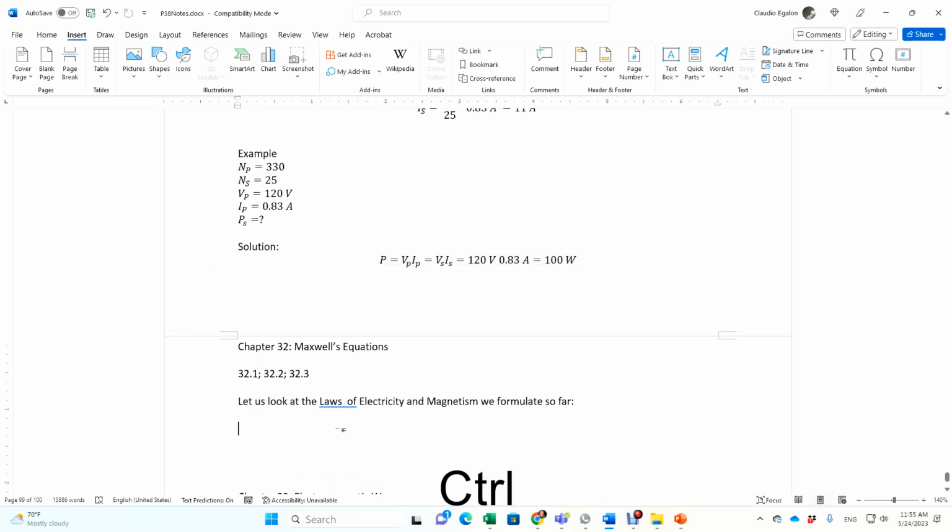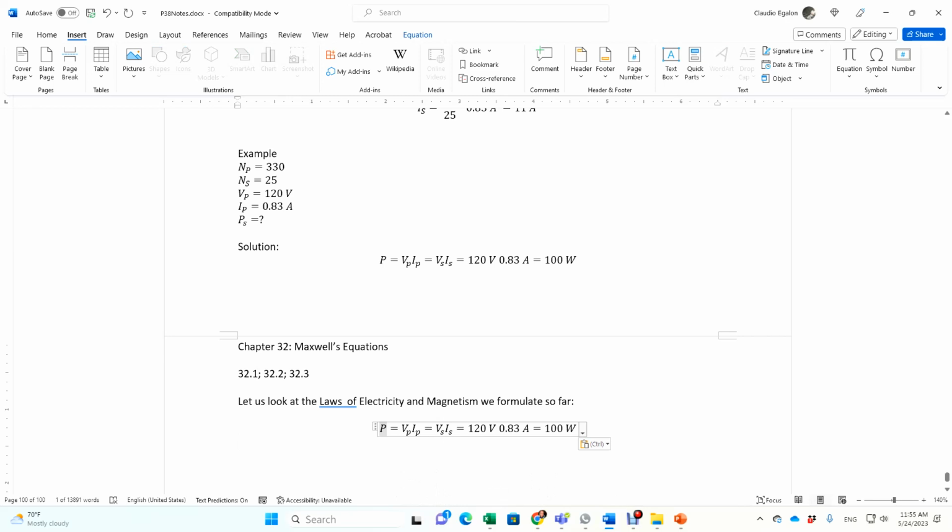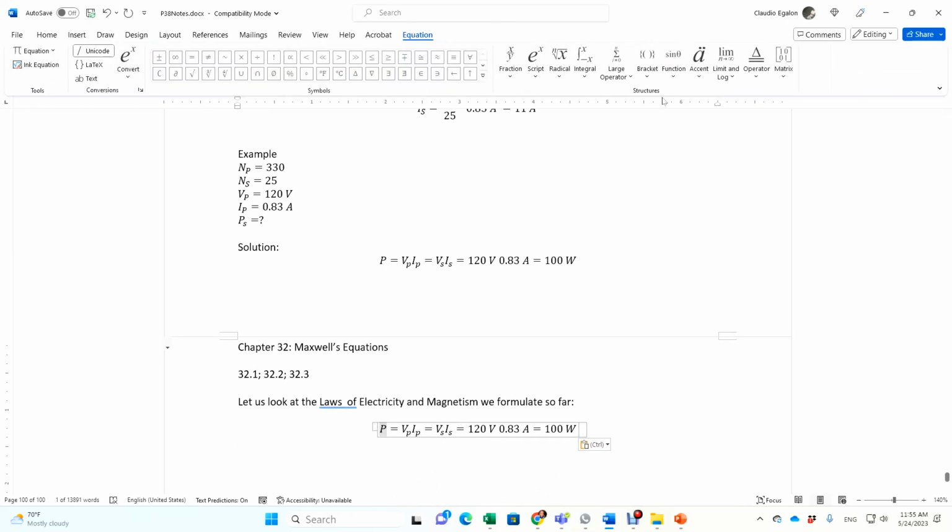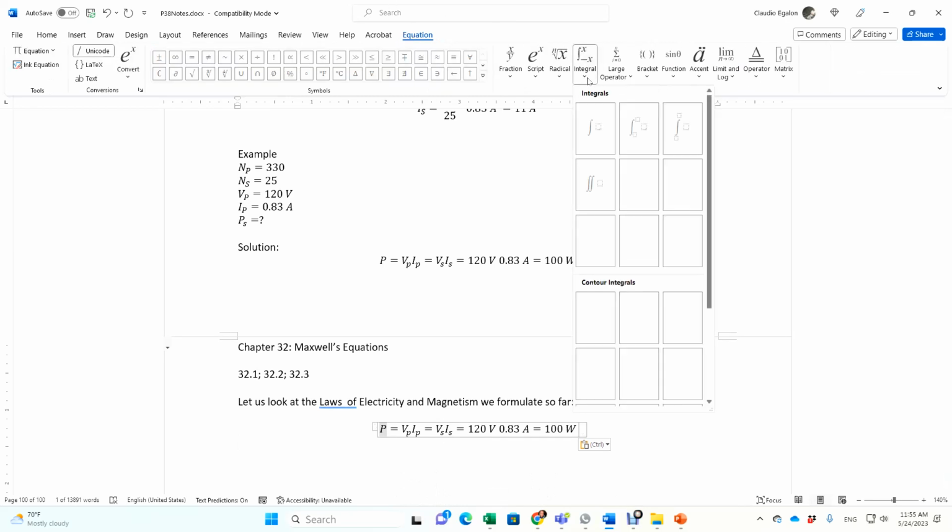So the first law is Gauss' law of electricity. Remember, those you have to memorize for the rest of your lives.